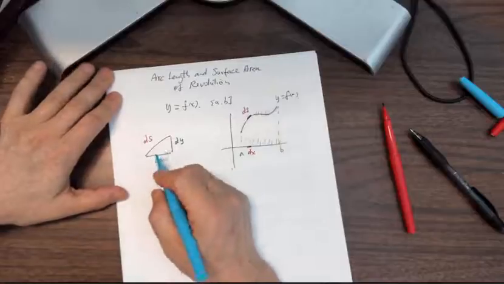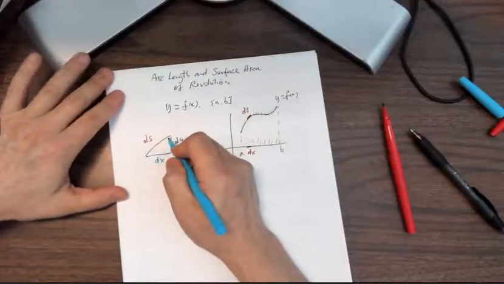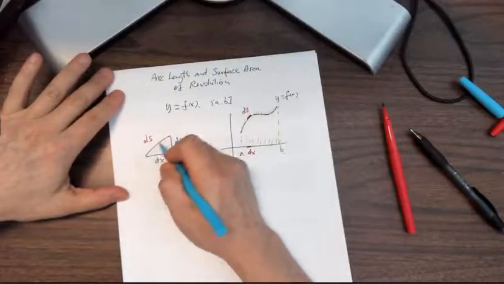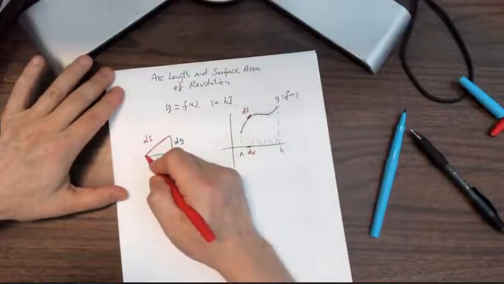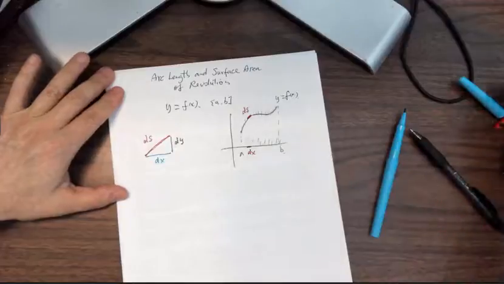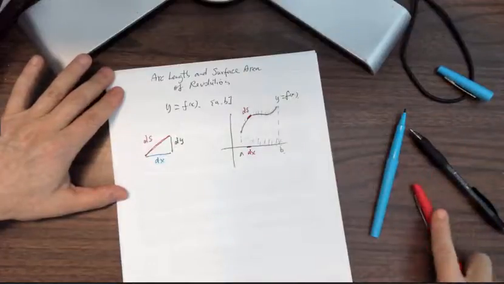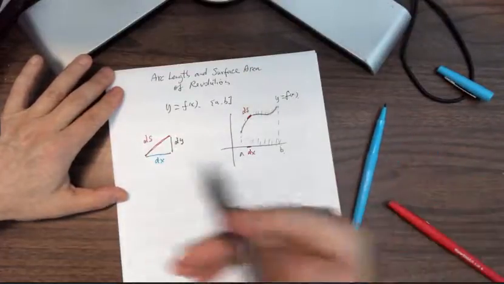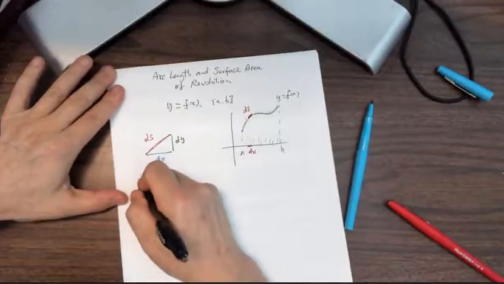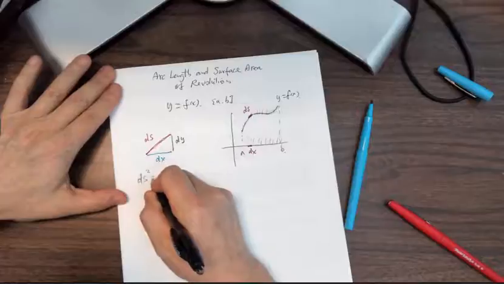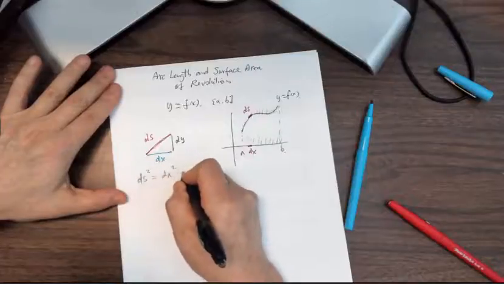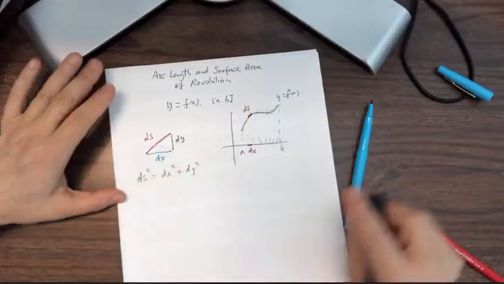When dx is very small, this slanted side, this curved side, can be considered as approximately straight. This way, we can use the Pythagorean theorem to establish this relation.